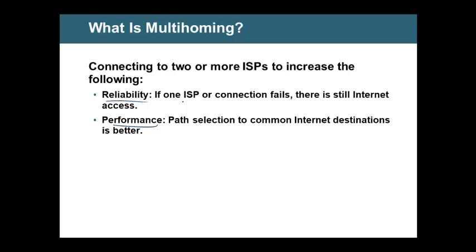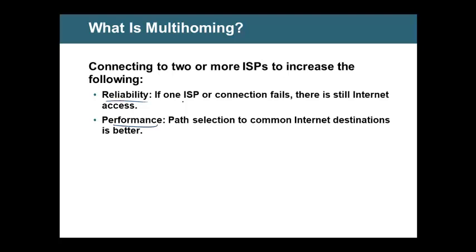If one link to ISP A goes down, you have another link which takes you via ISP B. Second is the performance, as I said. You can have the best path to reach the destinations.